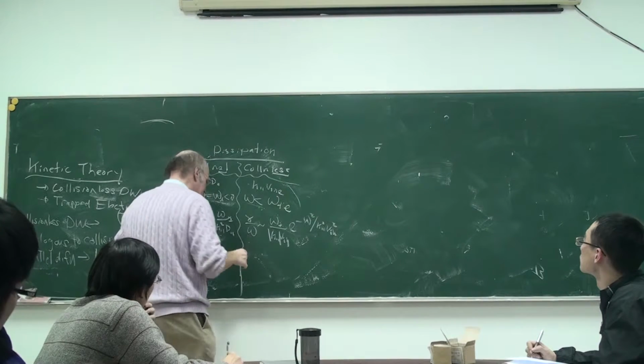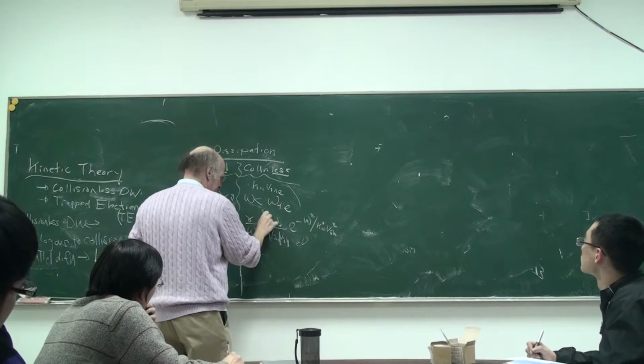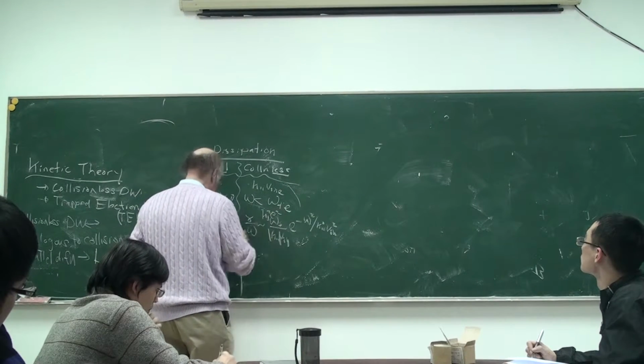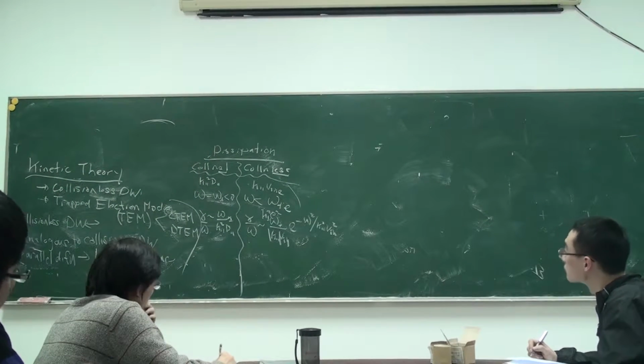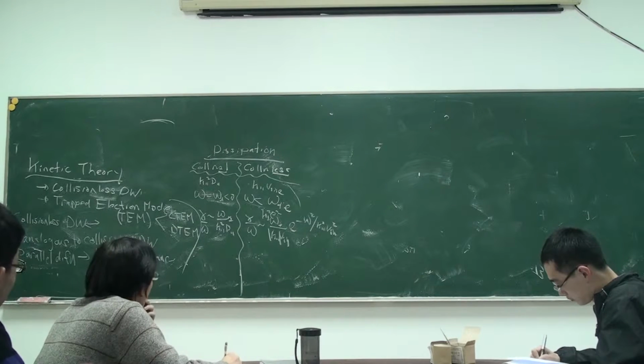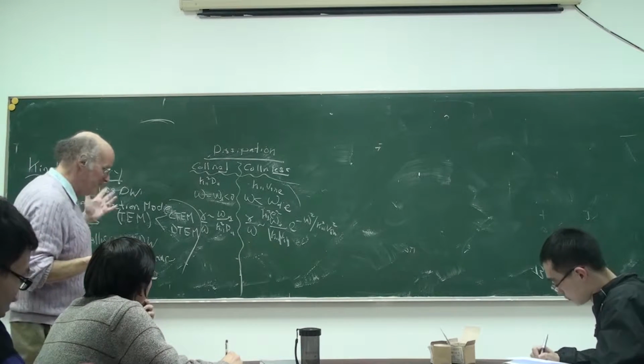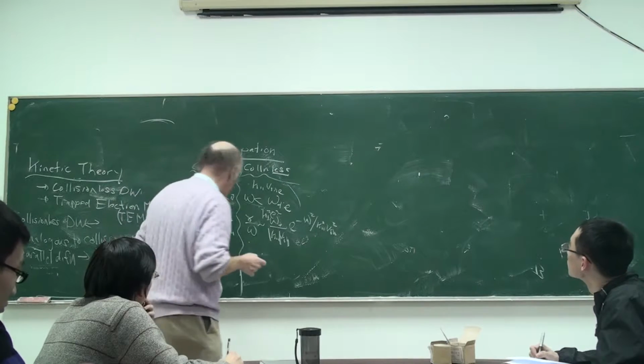And of course, you need this condition, so there are some factors of k perpendicular rho squared, just as we had here. It comes from the fact that omega has to be less than omega star, but it's the same story.